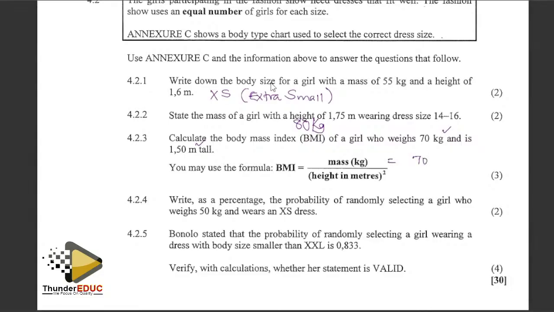The mass is 70 divided by 1,50 squared. And your answer is, please don't forget the units, 31,11 kilogram per meter squared.